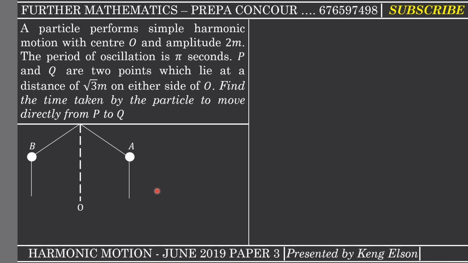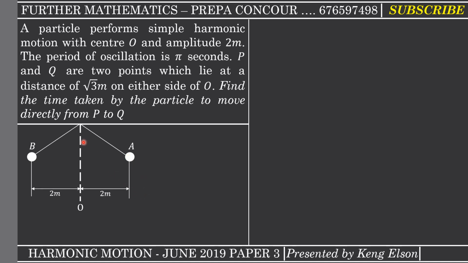Now the amplitude is the maximum displacement, and the maximum displacement is just the horizontal distance separating the center of oscillation and the point A, because if you pull it to this position, the maximum displacement is going to be there, and if you pull it to this position, that is where the maximum displacement is going to be.